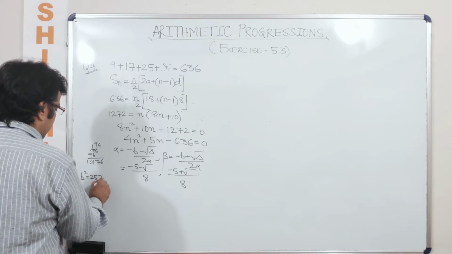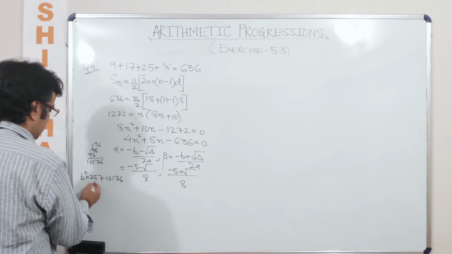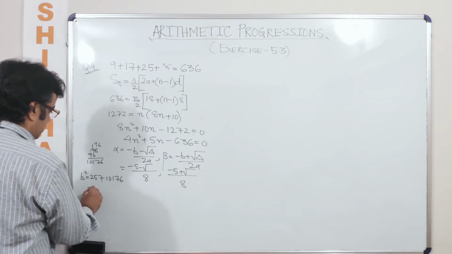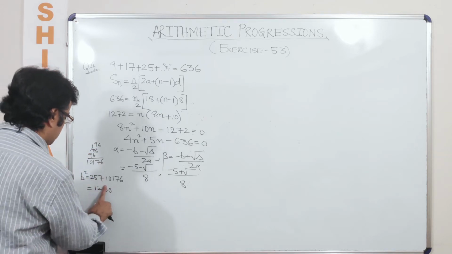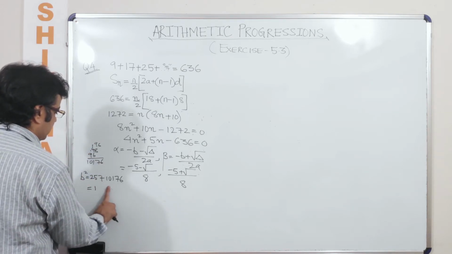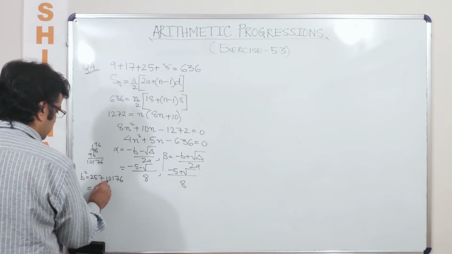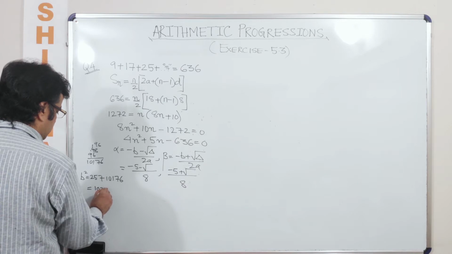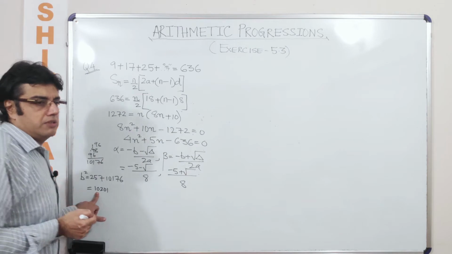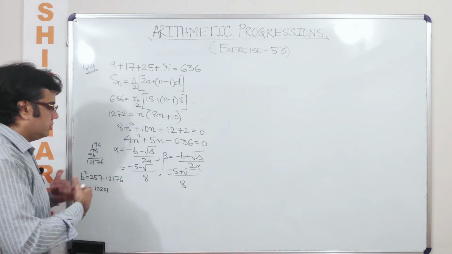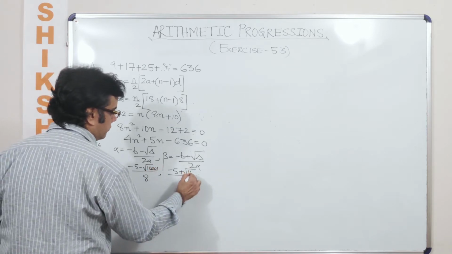So if I'm adding 25 to this, this becomes 10201. So I need to find out the square root of 10201.